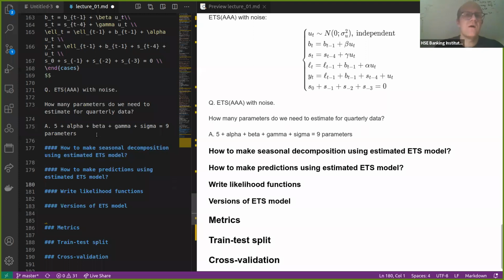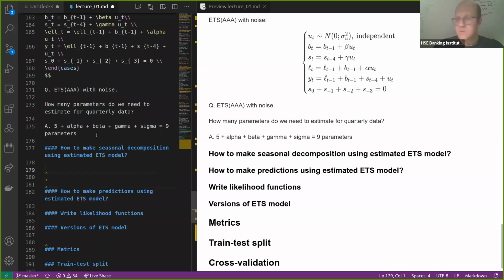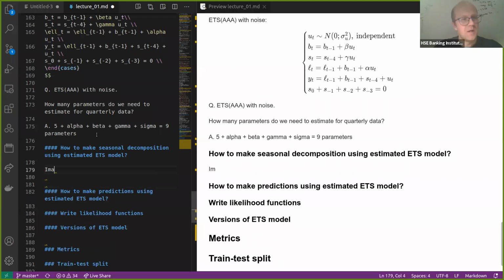Okay, for the moment, I will skip estimation step. So imagine by maximum likelihood miracle, we have 9 parameters estimated. We have them. So for the moment, just imagine that 9 parameters.